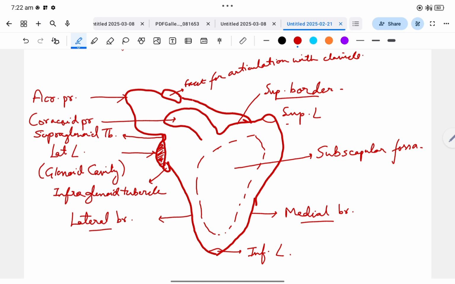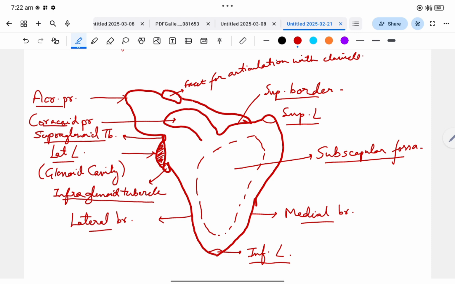Three angles: superior angle, inferior angle, lateral angle. Now remaining things, one is the subscapular fossa. The other two things are the supraglenoid tubercle and infraglenoid tubercle. That's all for the anterior surface of the right scapula.